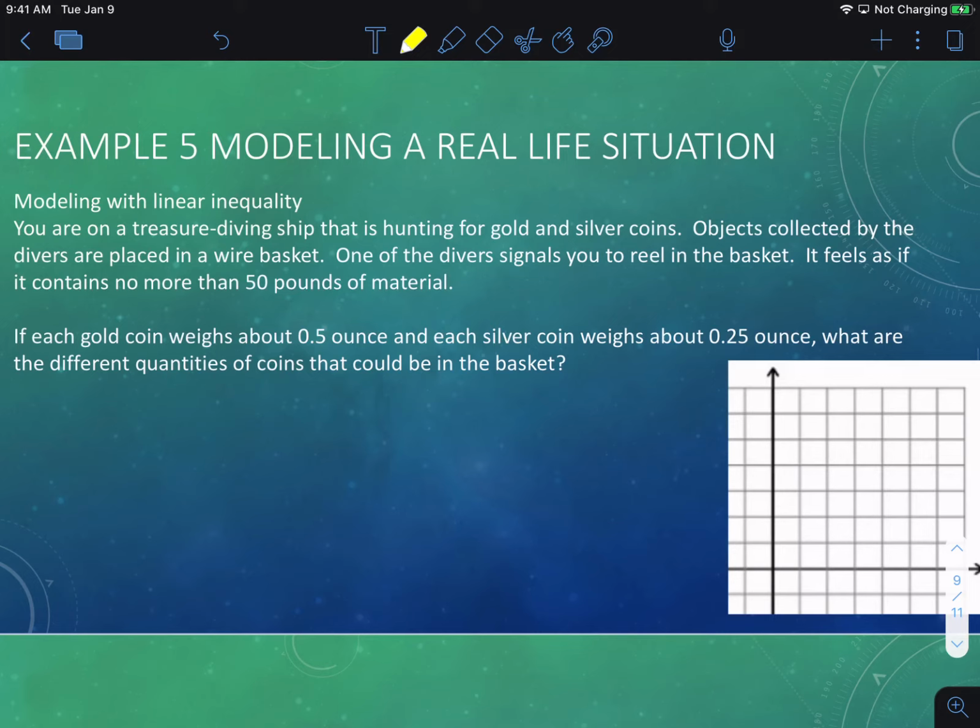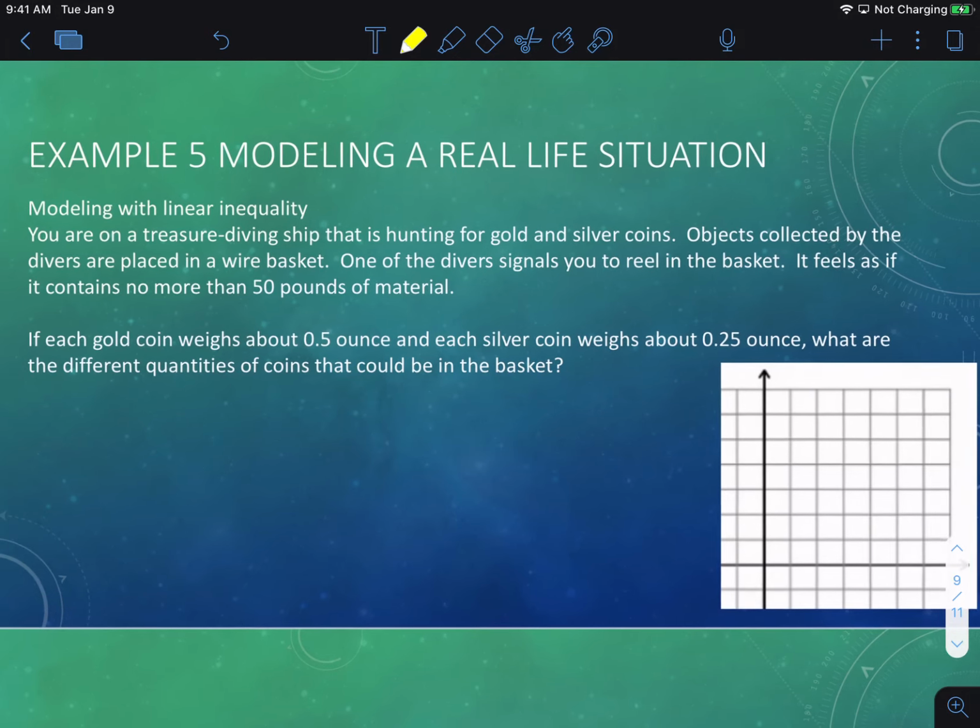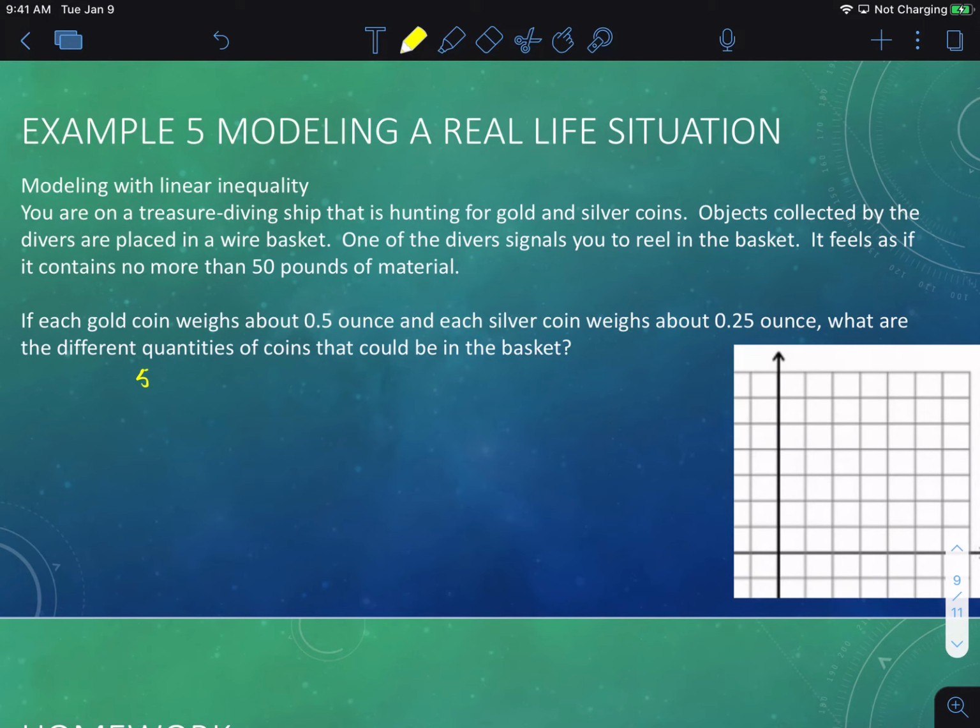So we're wanting to know how many gold coins and how many silver coins there are. Well, we're going to start off by talking about that 50 pounds part. It says it feels as if it contains no more than 50 pounds of material. So we're going to convert that to ounces so that we're dealing with everything being the same.